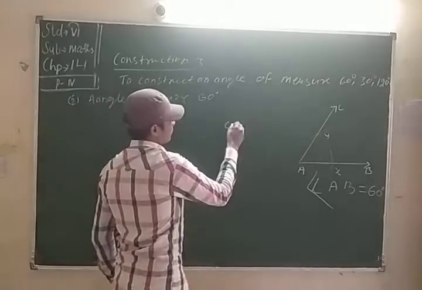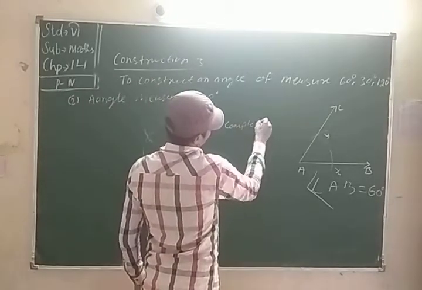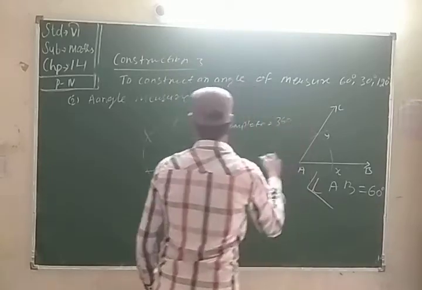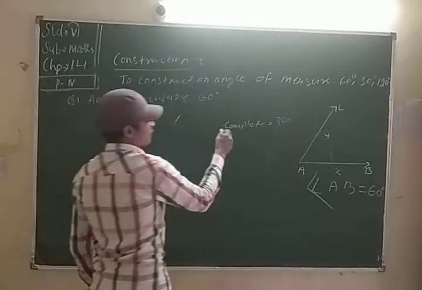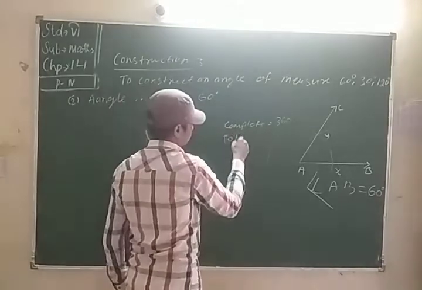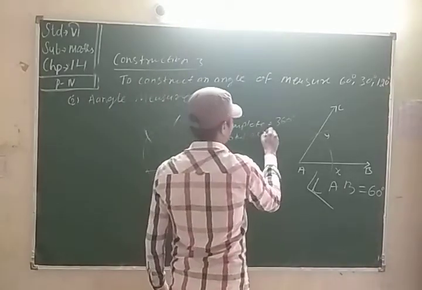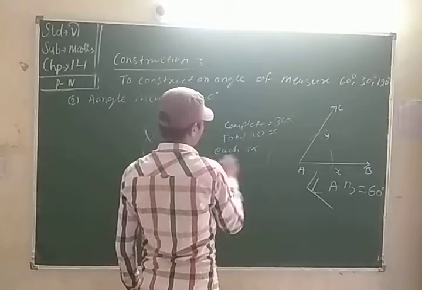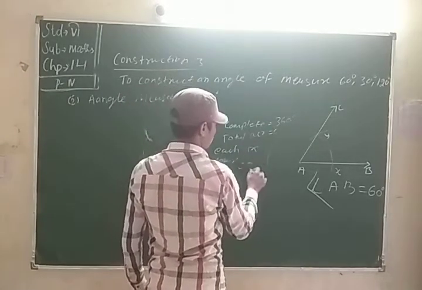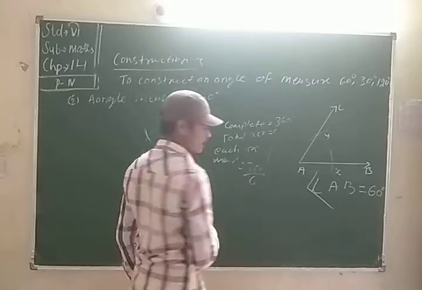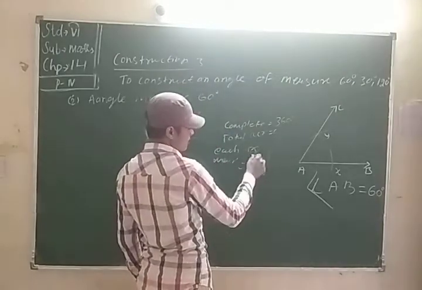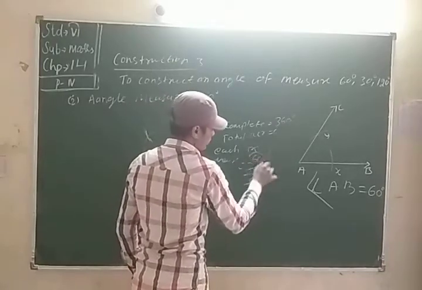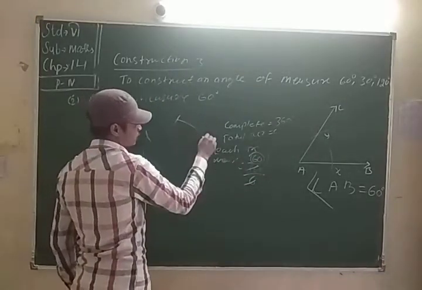Then the complete angle is 360 degree, and the total number of arcs is 6. Then each arc measures 360 by 6, which equals 60. That means each arc is 60 degree.